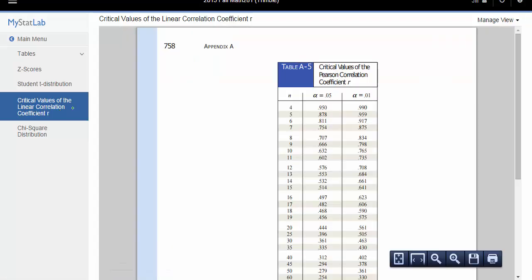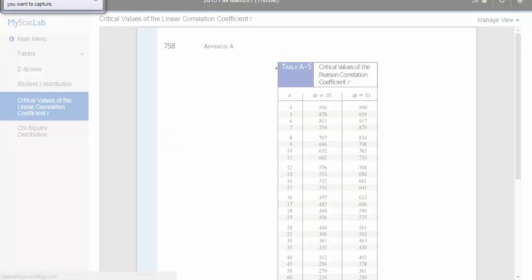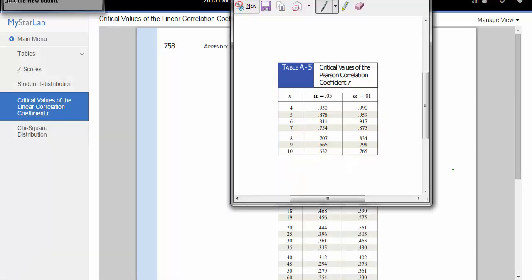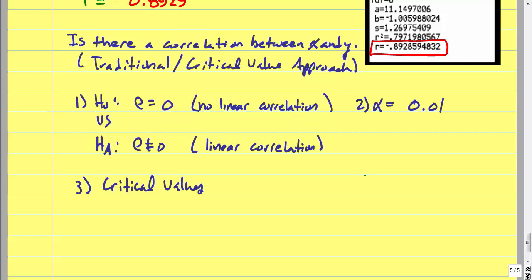Now, if you look at all of our data points, I had 10 of them, and we're looking at alpha equals 0.01. So my critical values would be 0.765. So let's take a quick shot of that so we know where those critical values come from.